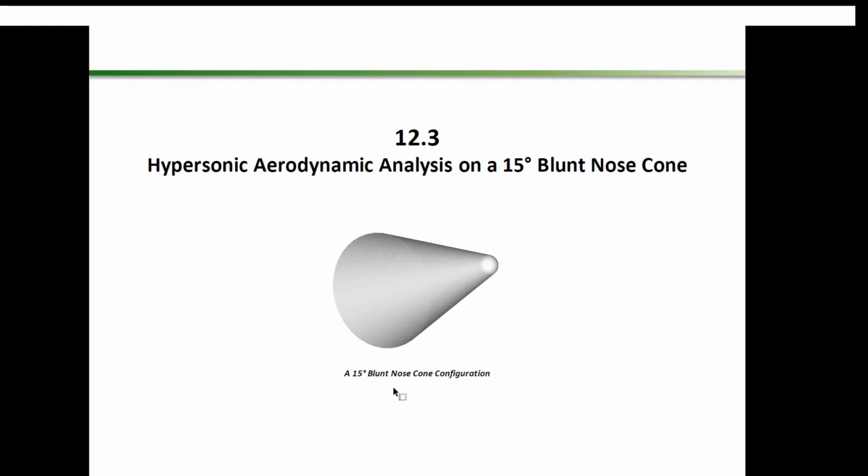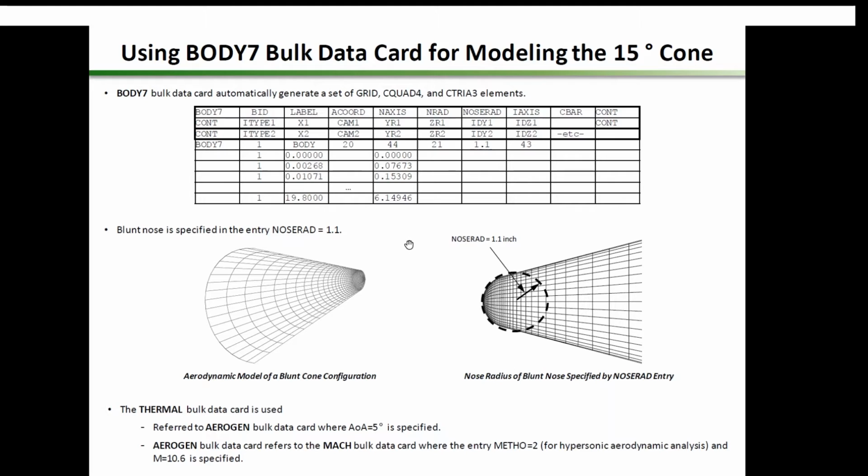Then the next case is a hypersonic aerodynamic analysis on a 15-degree blunt nose cone. And we use the BODY7 to model this blunt nose cone, and we have 44 axial stations.